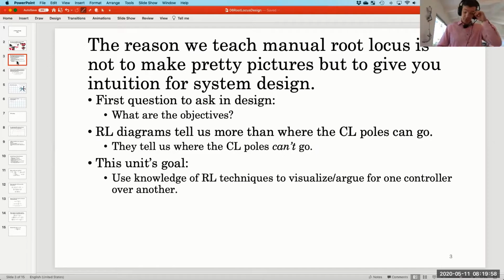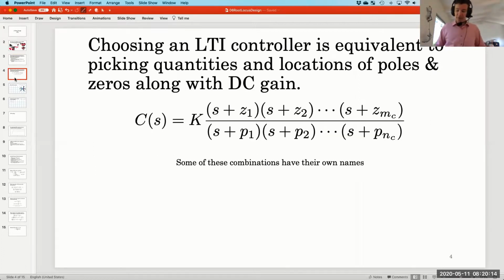Okay, so what we're trying to do in this unit is to get you to see how different choices of open loop transfer function can affect closed loop root locus. So we're not going to be talking too much about varying topology.